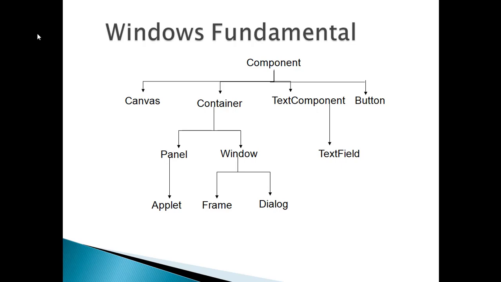The Container class has other classes: Panel subclass, Applet is a subclass, Window, Frame, Dialog. This is the Windows fundamental. Windows fundamental means how we can design or develop a window, and that is designed by using this Component, Container, Panel, Window, Applet, Frame, Dialog. By using these classes we can create or design a window.